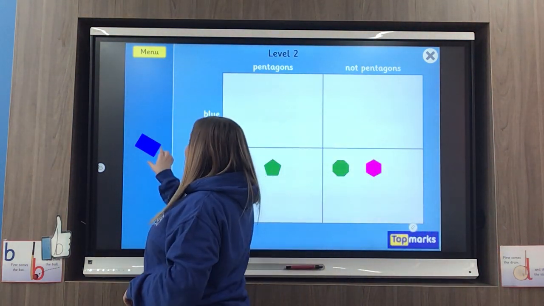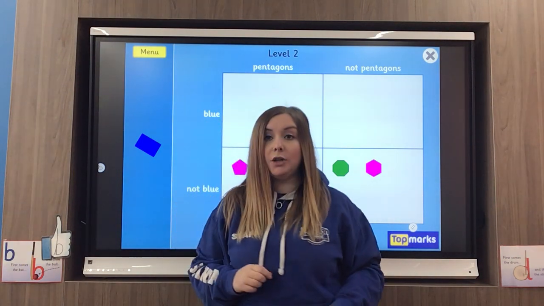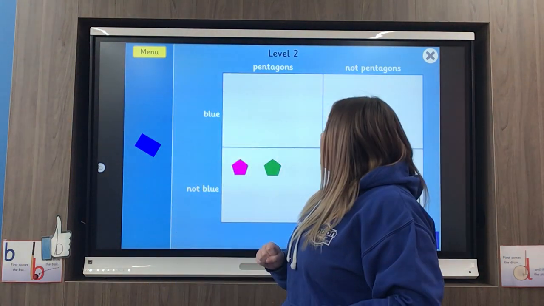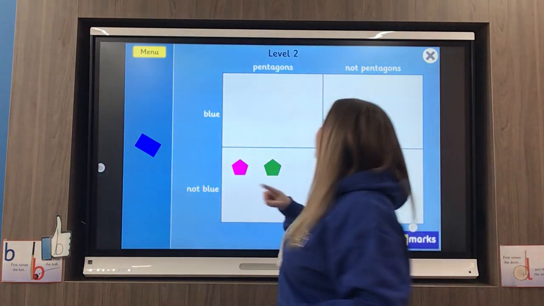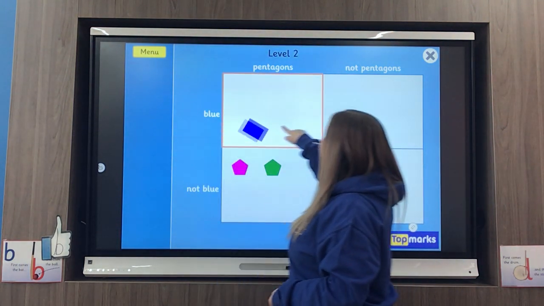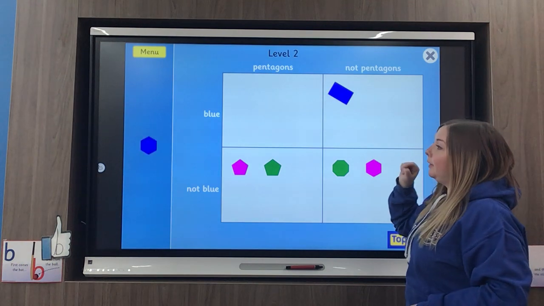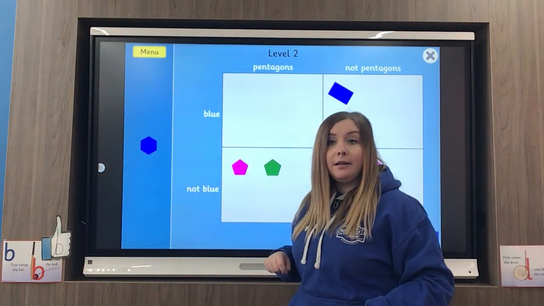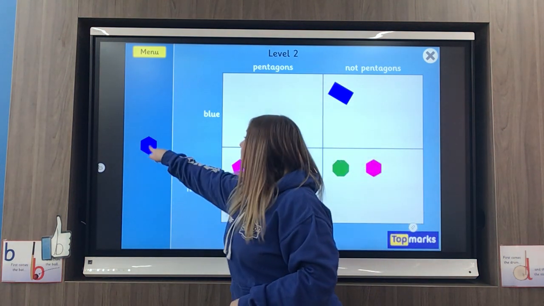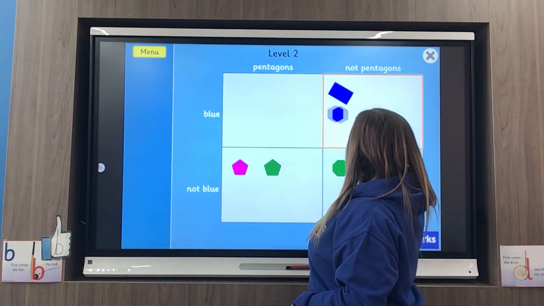It's got 2 sides that are long and 2 sides that are short. If it's only got 4 sides, is it a pentagon? No, so it's not a pentagon, but it is blue. Now this one's got 6 sides, so it's not a pentagon, but it is blue.